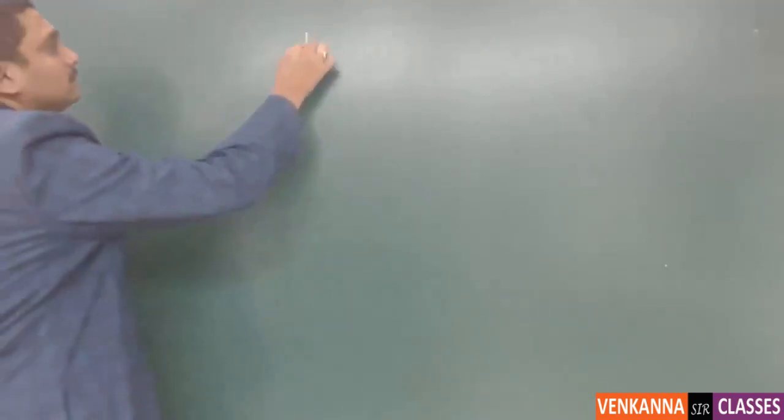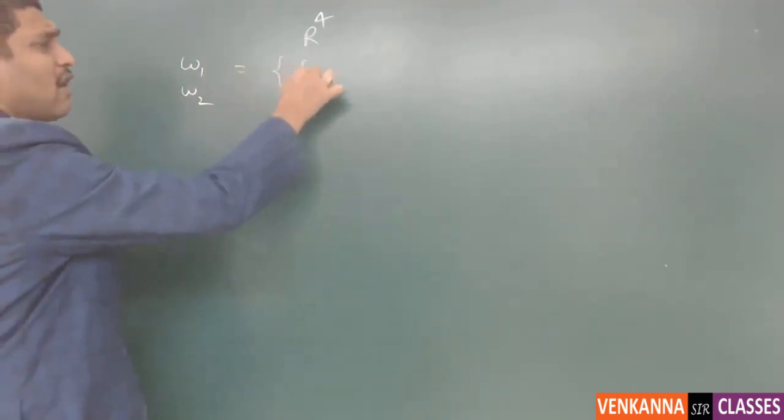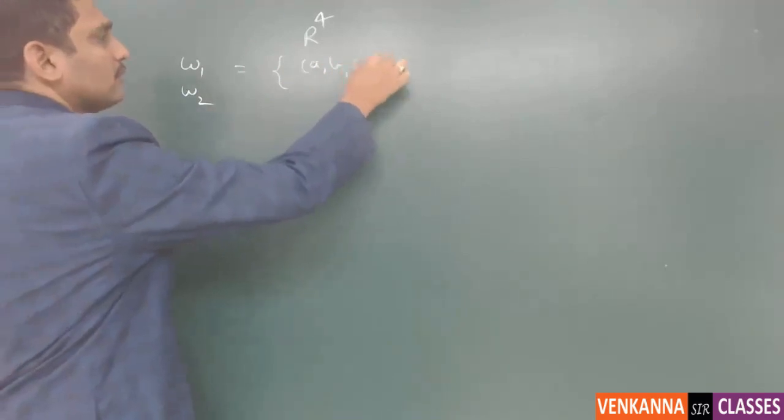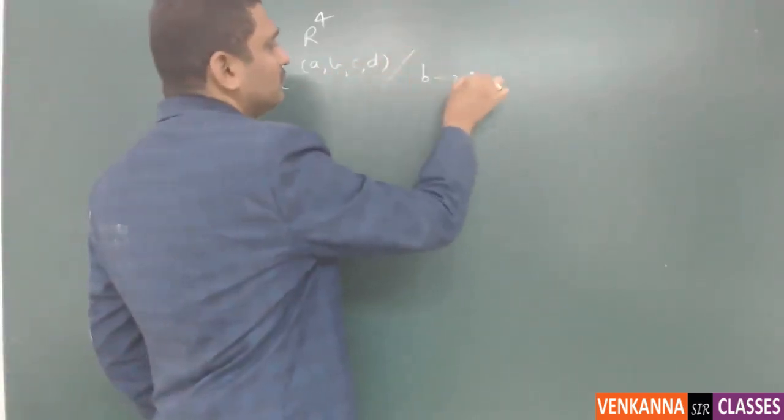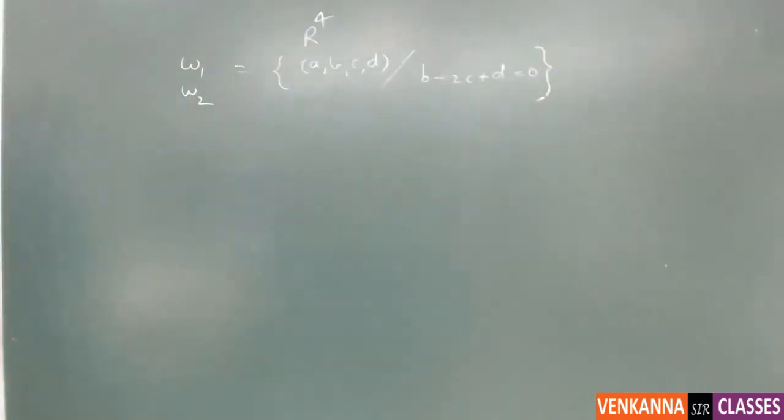Now, the problem is, I have considered R power 4, the 4D system. 4 coordinates are there. In this, I took two subspaces W1 and W2. W1 is all the 4D points A, B, C, D which satisfy the condition B minus 2C plus D equal to 0.